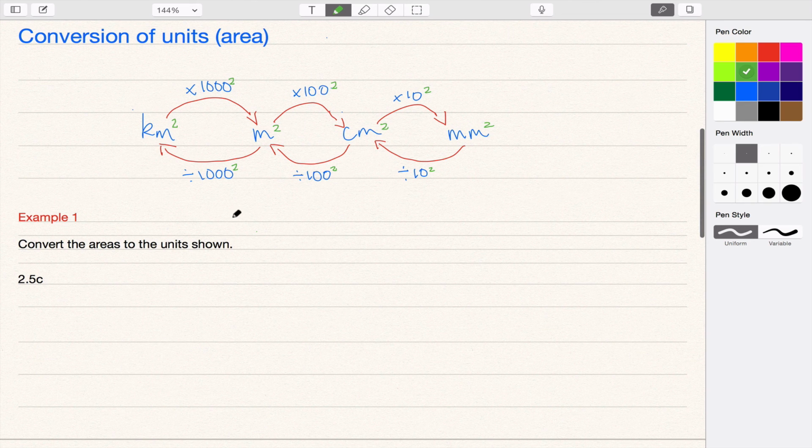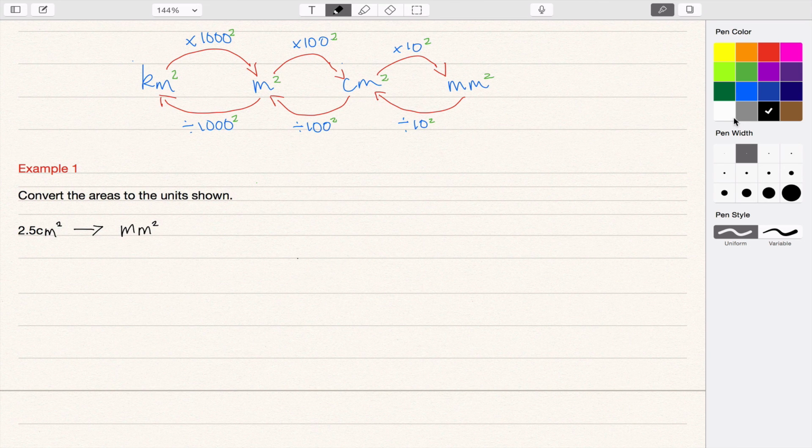I've got a couple of examples here, and what we're going to do is convert the areas to the units shown. First example is 2.5 centimeters squared converted to millimeters squared, or square millimeters we usually say when we're saying it out loud.